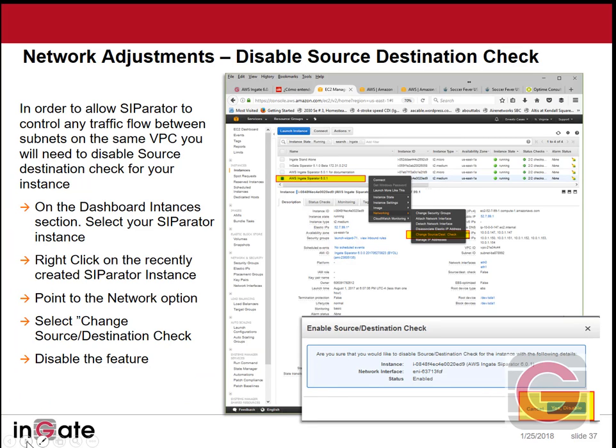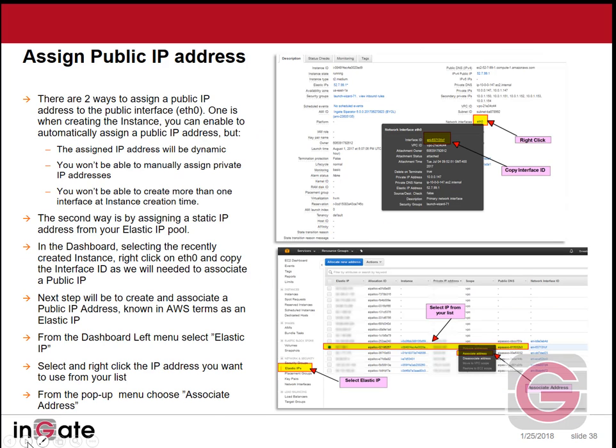Next, we're going to need the assignment of a public IP address. If you remember, the Ethernet 0 in our instance is the one landing on the public subnet, and we are going to use Elastic IP, which is a service from AWS, associated to the Ethernet 0 interface.